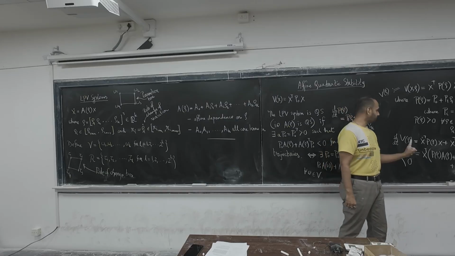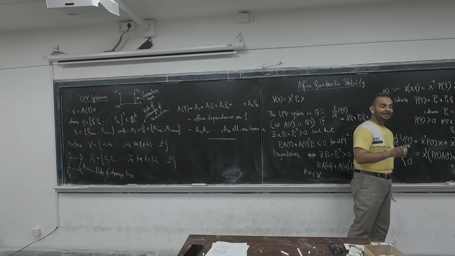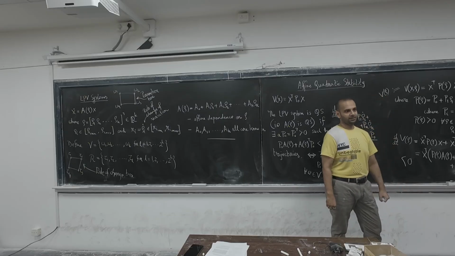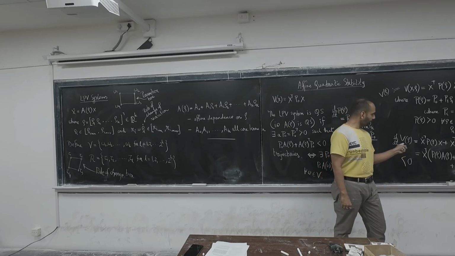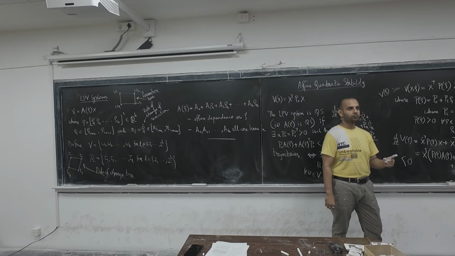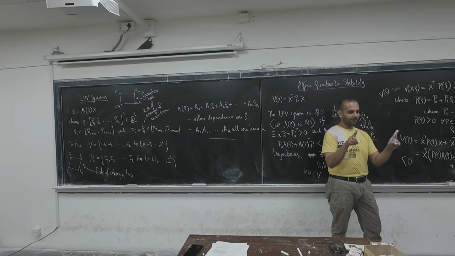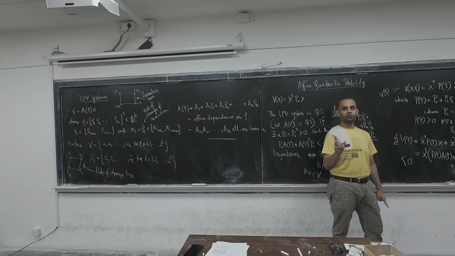Now, if that has to be negative definite, that's a big problem for us, isn't it? Because we can handle the first two terms, P rho A rho plus A rho transpose P rho. Up to that, you can say that is okay. If I assume that we have a parameter box, we have all the corners, then using that corner concept, this P rho A rho plus A rho transpose P rho, up to that much it is possible for us to handle.